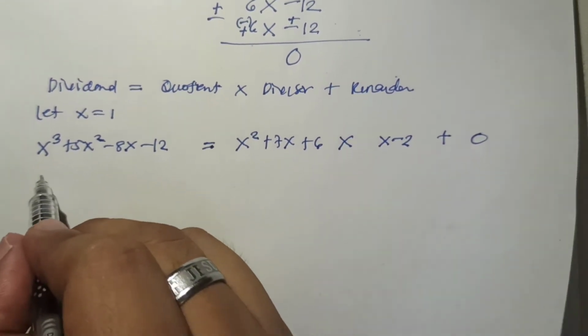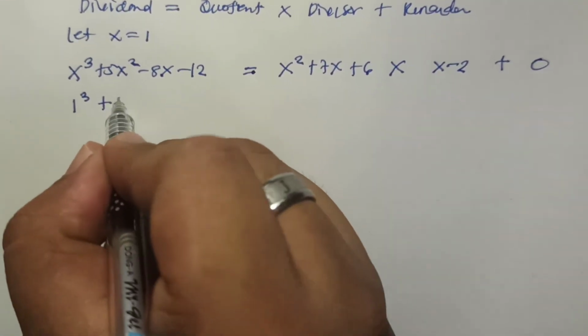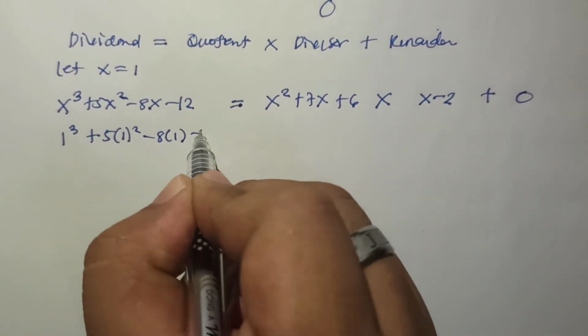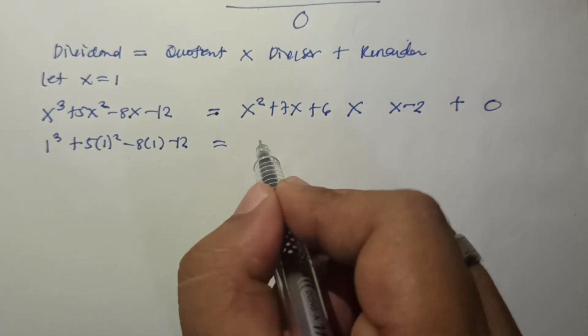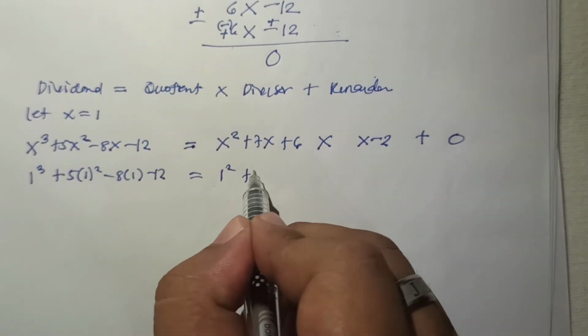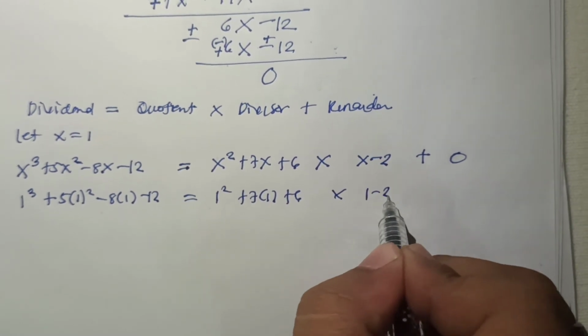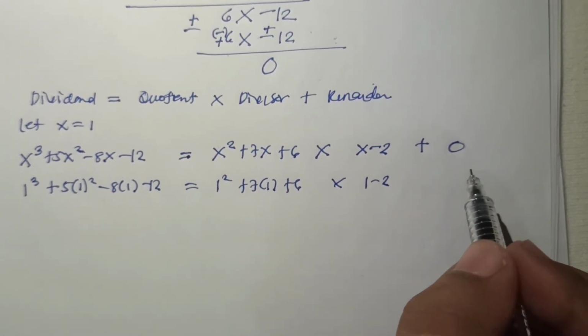So if we're going to assign this one, 1 cubed plus 5 times 1 squared minus 8 times 1 minus 12 is equal to 1 squared plus 7 times 1 plus 6 times 1 minus 2, plus 0.